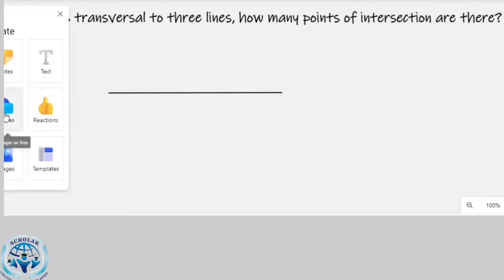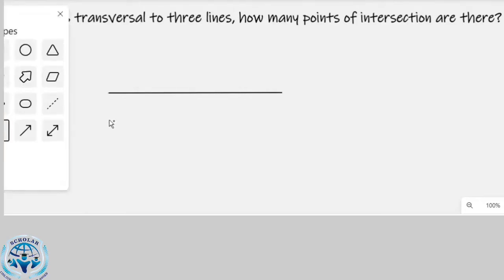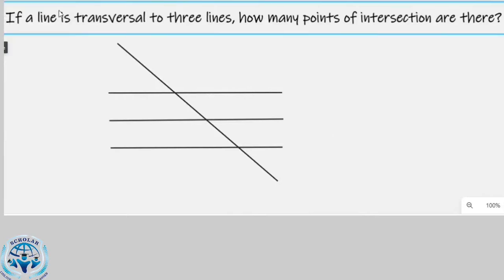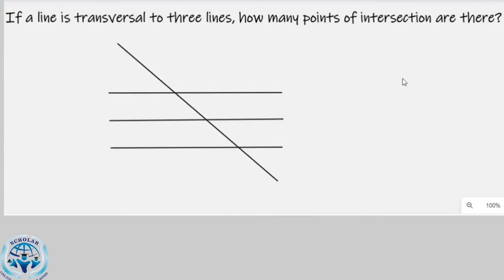If a line is transversal to three lines, how many points of intersection are there? This question is also taken from your textbook. These are the three lines. Now a transversal is drawn. How many points of intersection are there? Let's count.